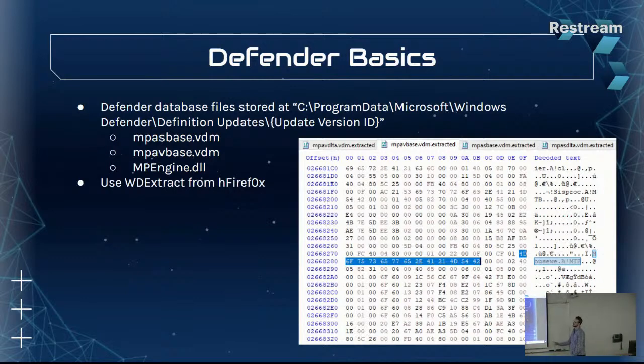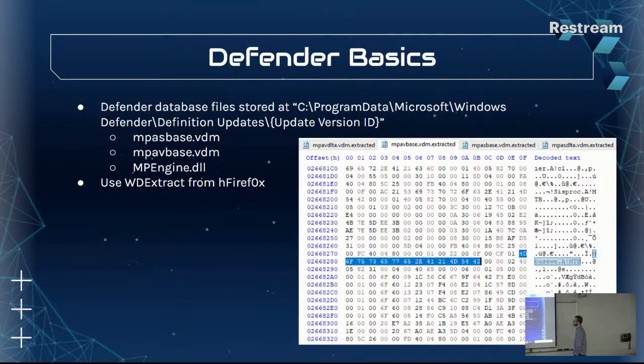So this is all going to be focusing on Defender again. Your signatures are actually stored on disk with Defender. They're stored in C:\ProgramData\Microsoft\Windows Defender\Definition Updates, and then you'll have a unique ID of whatever version of Defender you're running.